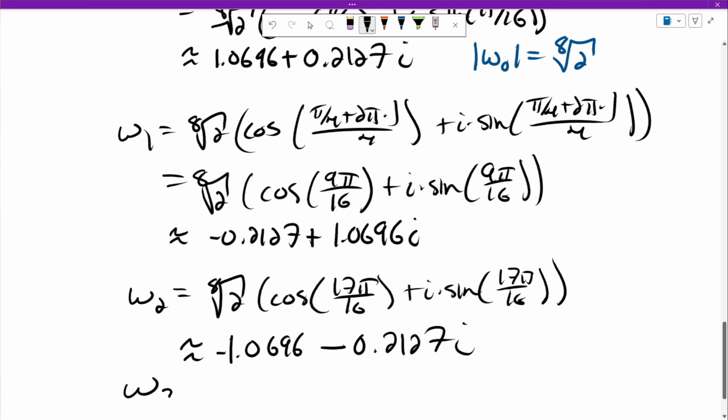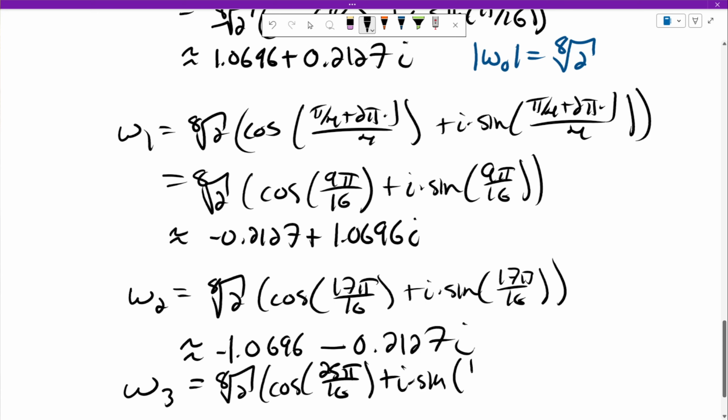And then lastly, w3 is going to be the 8th root of 2 cosine. It looks like it's going up by 2 pi each time, so I think it should be 25 pi over 16. The pattern should continue. But again, take a moment, use the formula, write it out. I believe we should get 25 pi over 16, which we can approximate as 0.2127 minus 1.0696i.